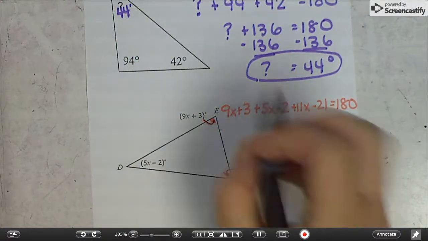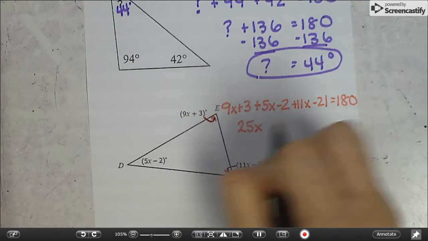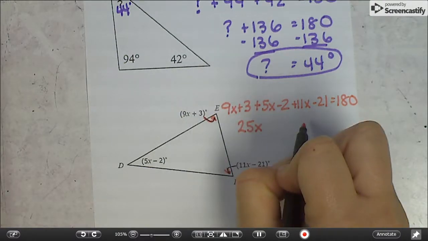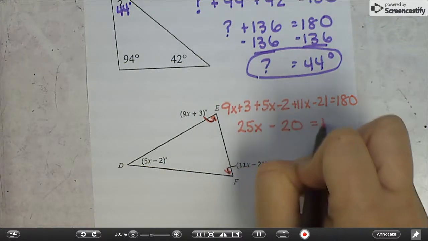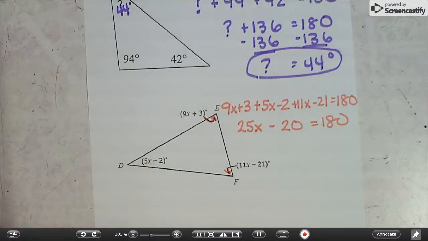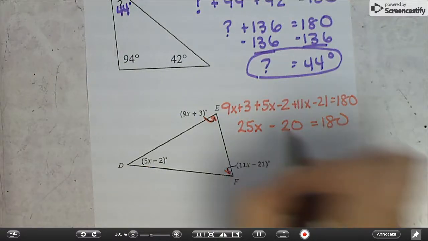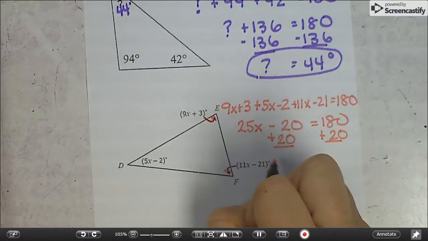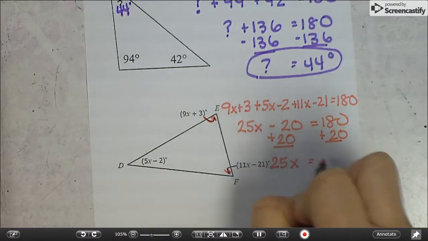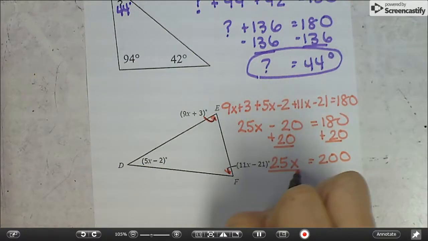So that'll be 25x minus 20 equals 180. Let me double check. Yes. You're going to add 20 to both sides. 25x equals 200.